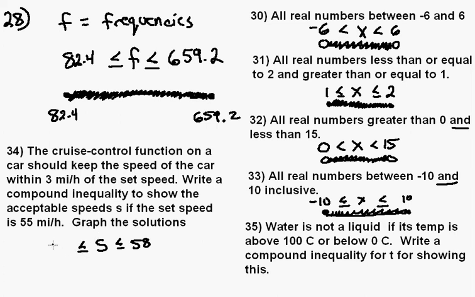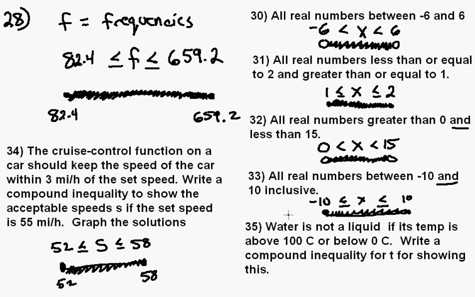So it's going to be greater than or equal to 52. And then graphing that solution, this is going to be a darkened circle at 58, a darkened circle at 52. So we have 58, we have 52, and all the points in between represent S.